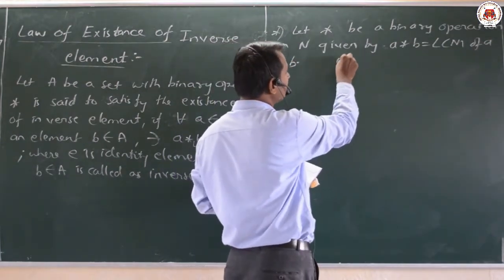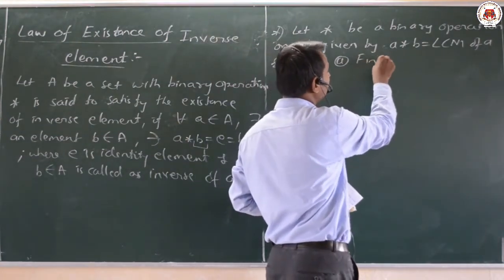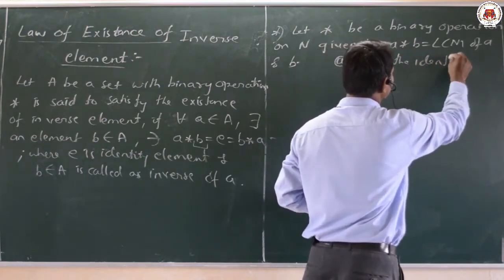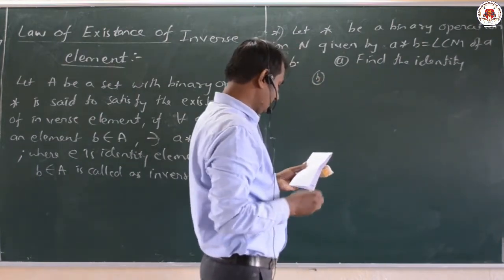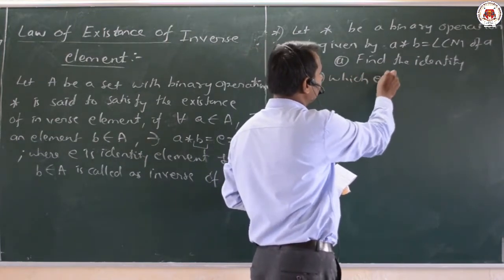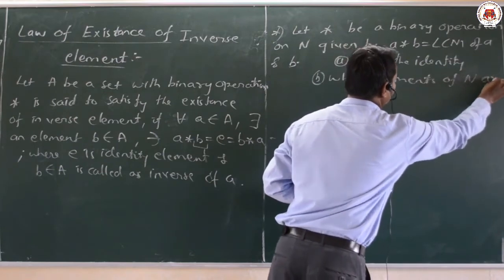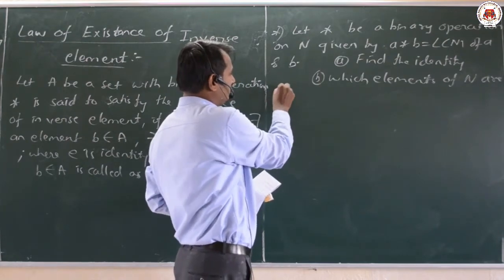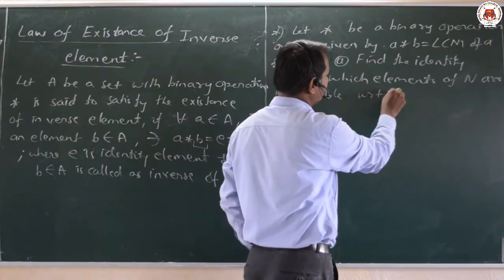Here the questions are: first, A, find the identity element, and the B part is, which elements of N are invertible with respect to star.